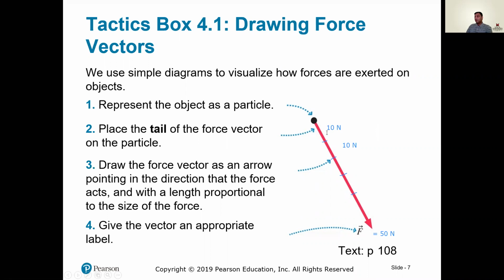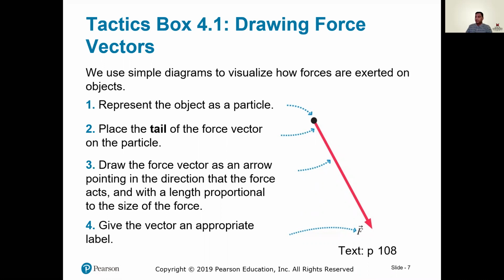So this 10 Newtons is equivalent to whatever length I'm choosing for it. And accordingly, you are going to draw force vectors, just like acceleration vectors or velocity vectors. You do the same thing, you just attach a particular unit to it, okay? In this case, the unit is Newtons, as we are going to see later.